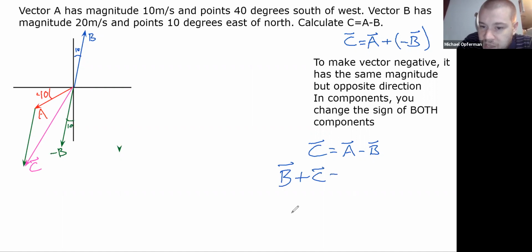That would tell you that B plus C equals A. Once again, we've recast this as a vector addition problem. And you'll notice that this still works out as well. Let me draw that for you, what that would look like. Let me just make copies of these vectors. So here's vector B in blue.